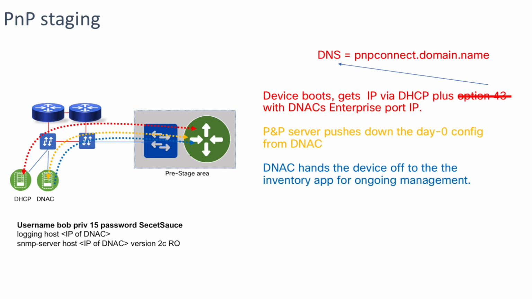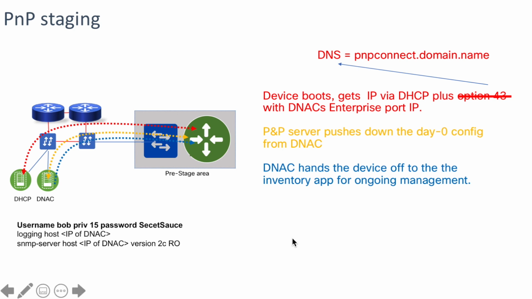Okay, so once the plug and play process is completed and the image has been upgraded and the initial configuration has been pushed down, the device is then handed off to the DNA Centre inventory application. Now, this needs to add some additional day zero management configuration.